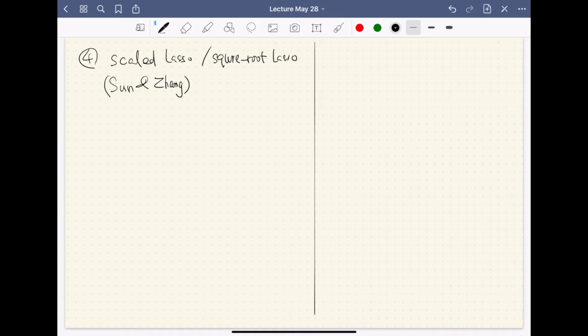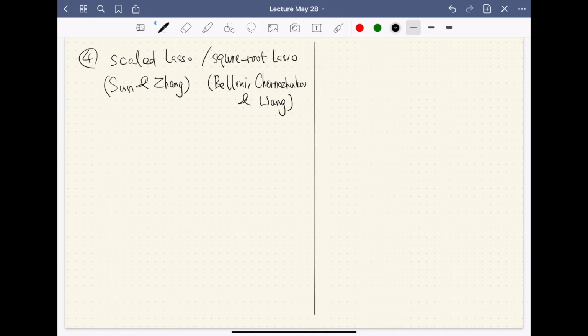The square root lasso is proposed by Belloni, Chernozhukov, and Wang.